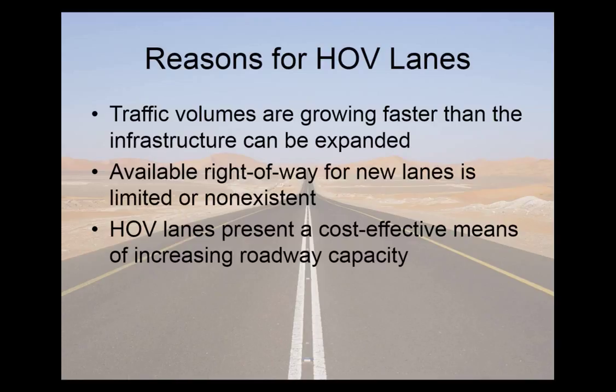HOV lanes present a very cost-effective means of increasing roadway capacity, since oftentimes lanes don't have to be added, and the lanes that carry high-occupancy vehicles can carry more people than general-purpose lanes.